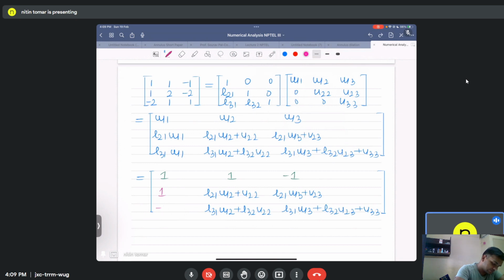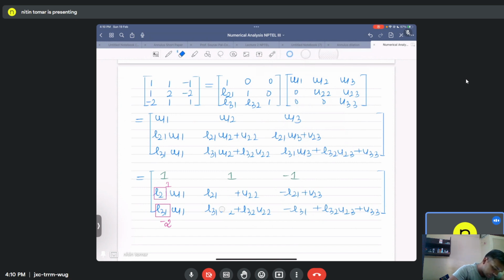So it is 1 and it is minus 2. Correct? And here u13 is minus 1, so you will have minus here, minus l21, minus l31.